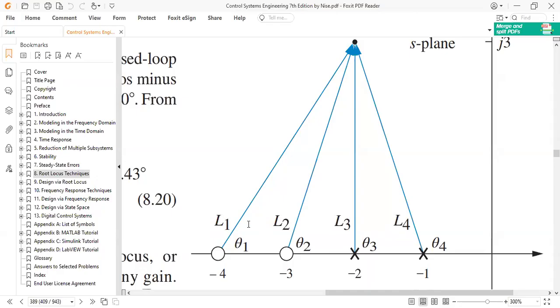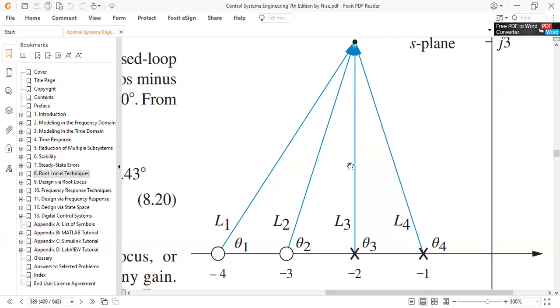Tan. Tan theta is equal to perpendicular by base. So theta is equal to tangent inverse of perpendicular by base. So theta 1 would be equal to tan inverse of 3 divided by 2. Is that clear?